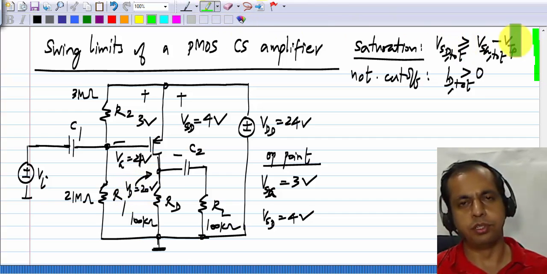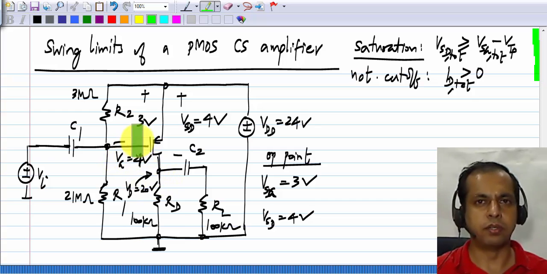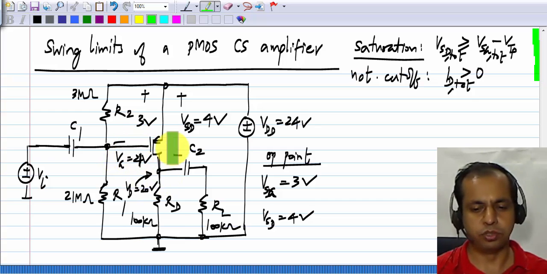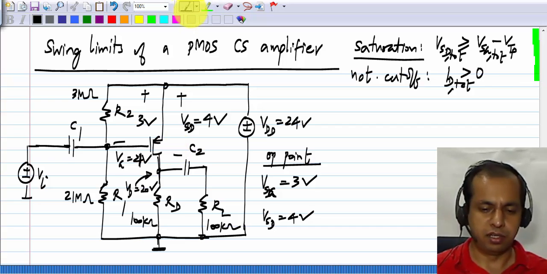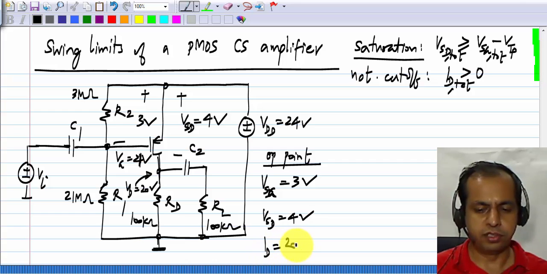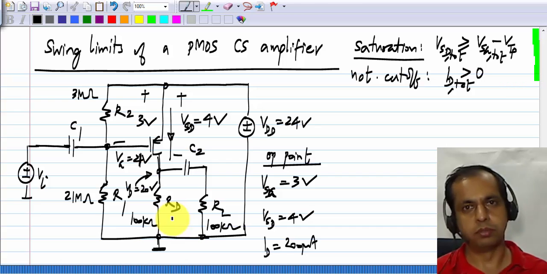Sometimes for the saturation triode boundary, you specify the conditions in terms of VG and VD instead of VGS and VDS. That's also possible. So I have written those things down as well. And the current ID is 200 microamperes. That is of course flowing downwards.